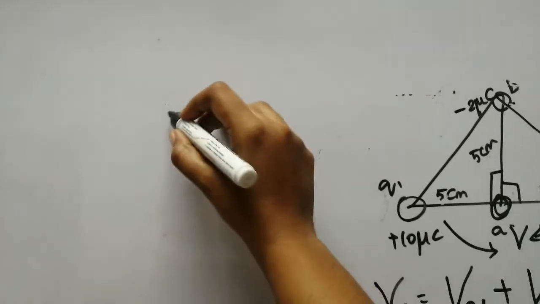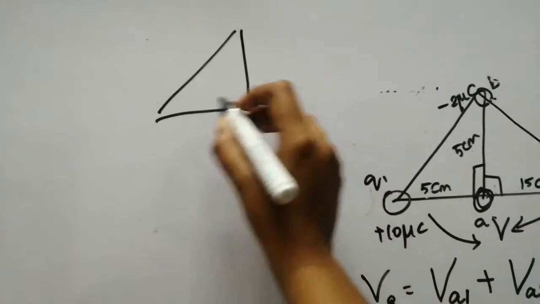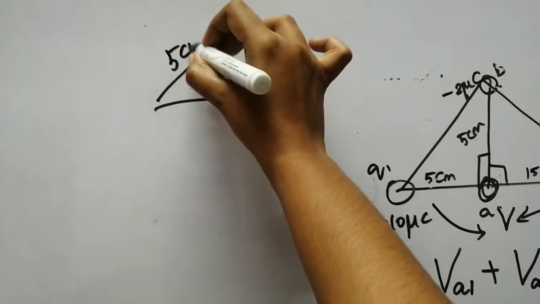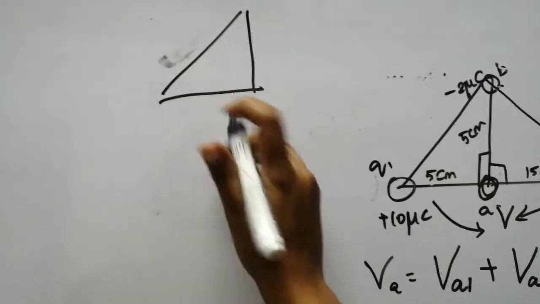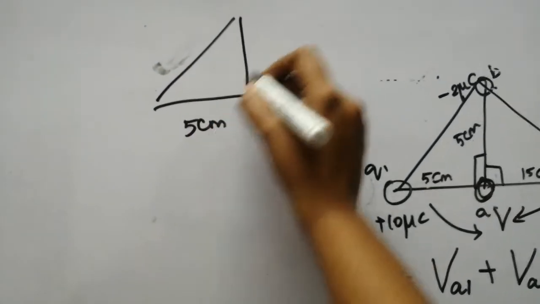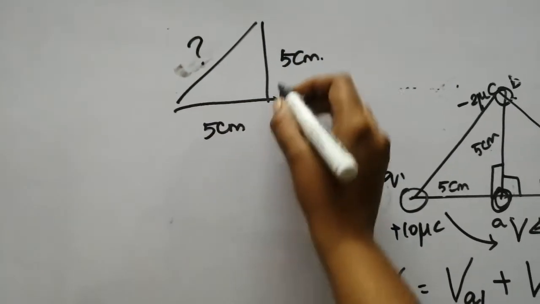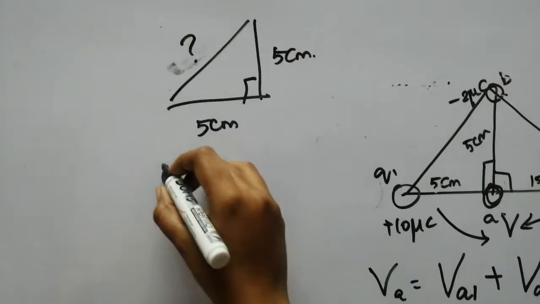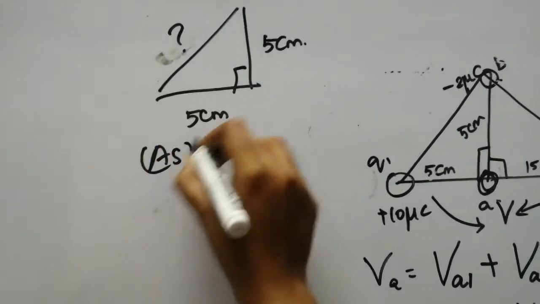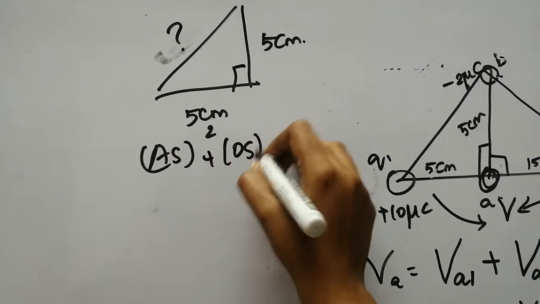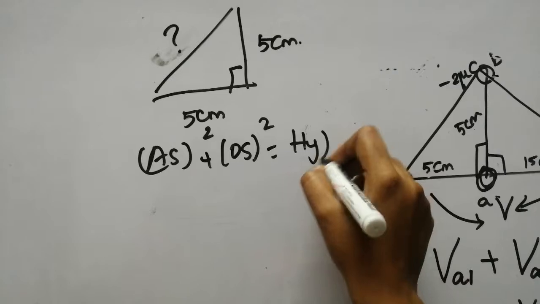So for this triangle, we know that this is 5 centimeter and here it is 5 centimeter. You have to find the hypotenuse value. For a right angle triangle, adjacent side square plus opposite side square is equal to hypotenuse square.